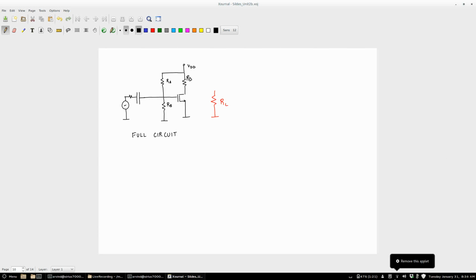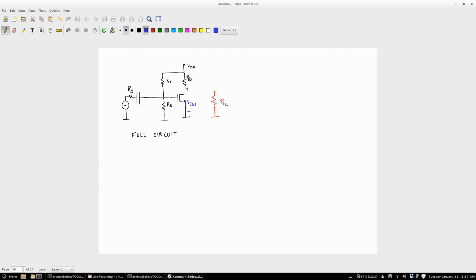Let me say that I have another resistor, okay? Let me call that my RL. So that is going to be my load. I am no longer going to make this RD a load. And what do I want? In the bias circuit, my RL should not appear, just like RS, I did not want it to appear in the bias circuit.